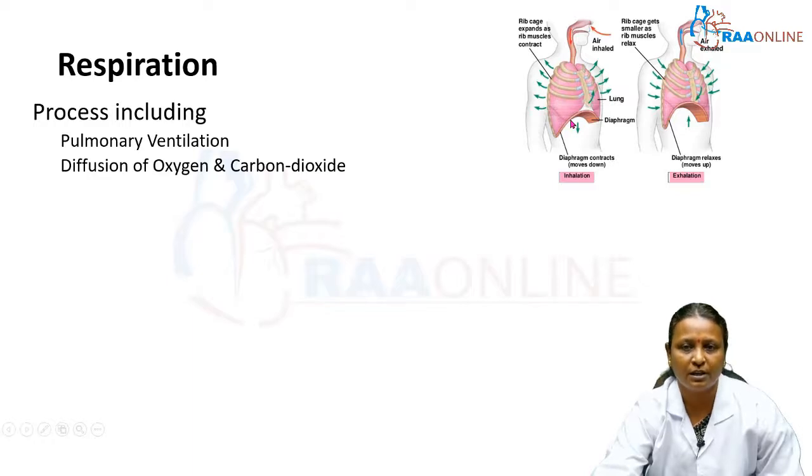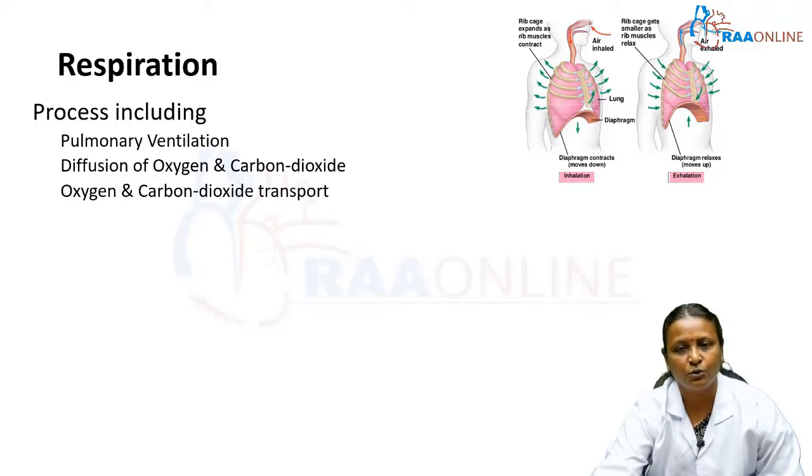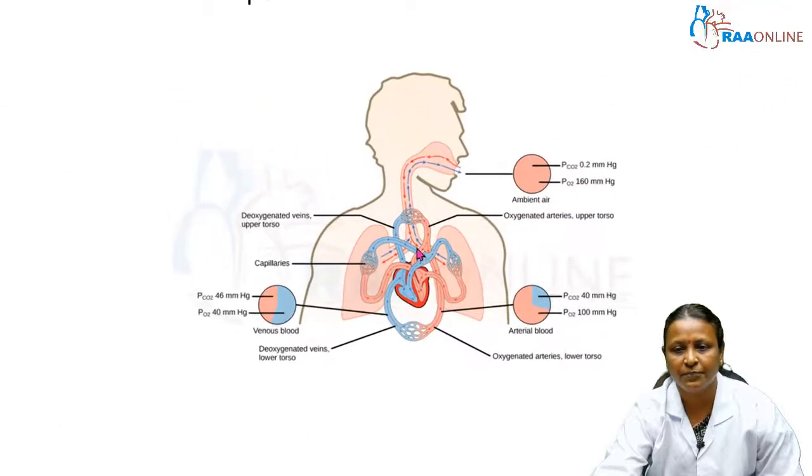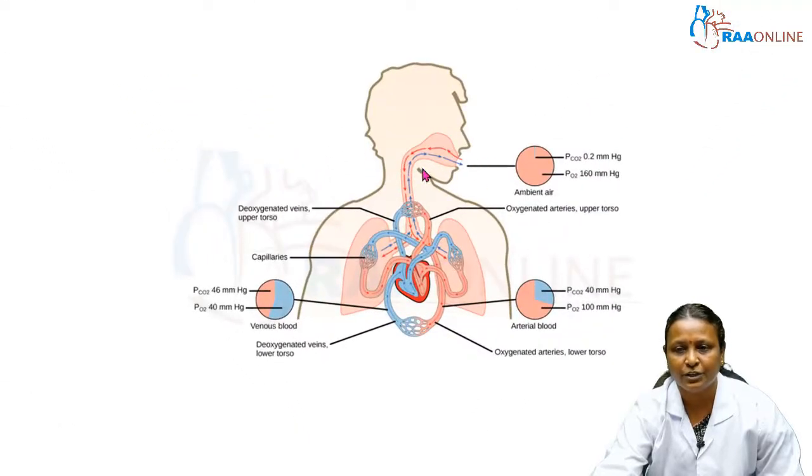Diffusion of oxygen and carbon dioxide across the lung and transport of oxygen and carbon dioxide by the blood is again important for movement of oxygen and carbon dioxide from the lungs to the tissues. So here you have ventilation, which takes oxygen inside the lung and releases carbon dioxide out.